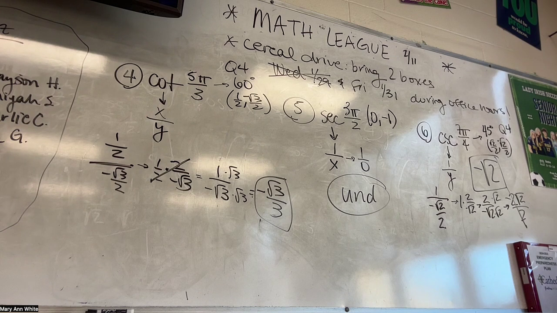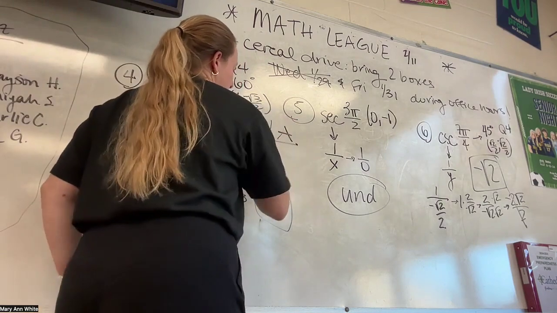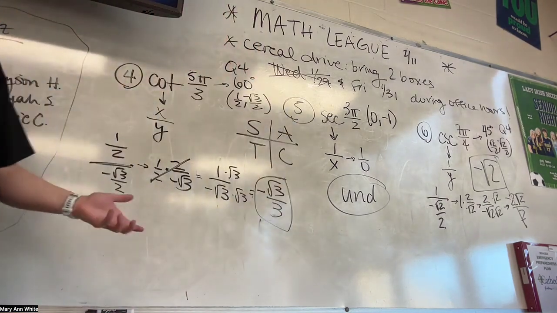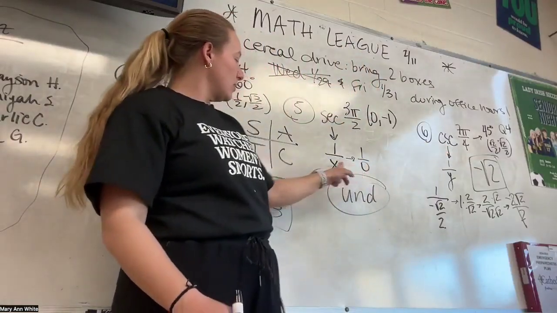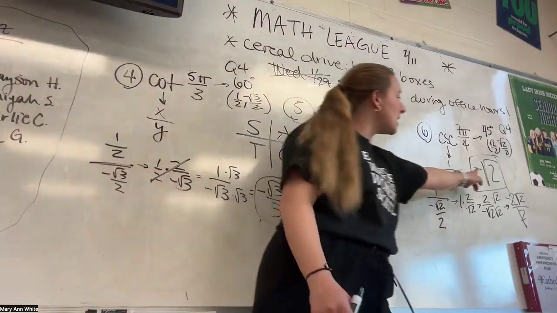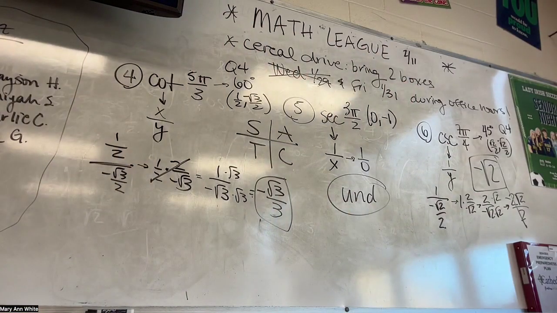And you can even wait till the very end and say, okay, I know cosecant is sine, and in my fourth quadrant, sine is negative, and I can just add that negative at the very end. Okay.